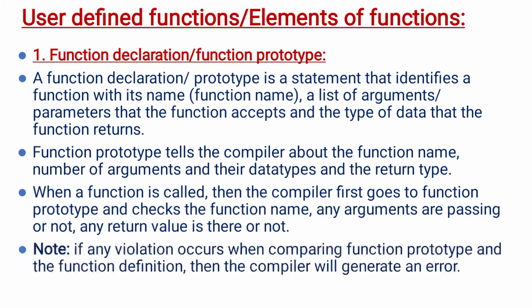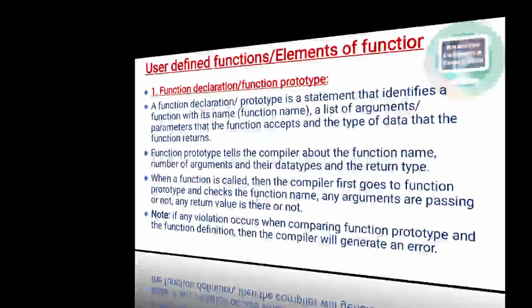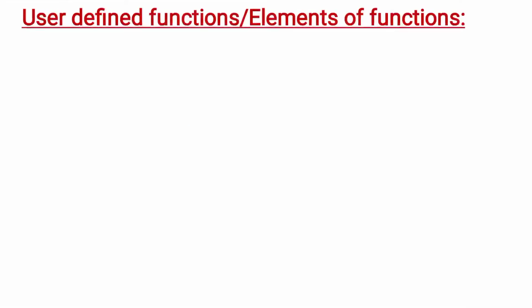Here is a note: if any violation occurs when comparing the function prototype and the function definition, the compiler will generate an error. Here we have to keep in mind the function prototype, the function declaration and the function definition should be the same. If they are not the same, the compiler displays an error.